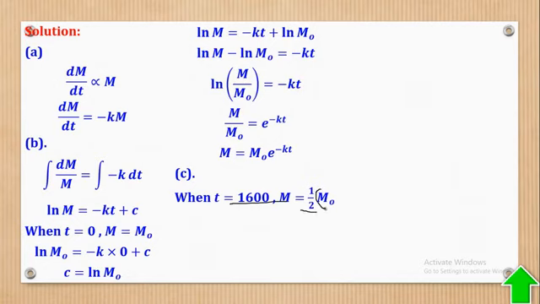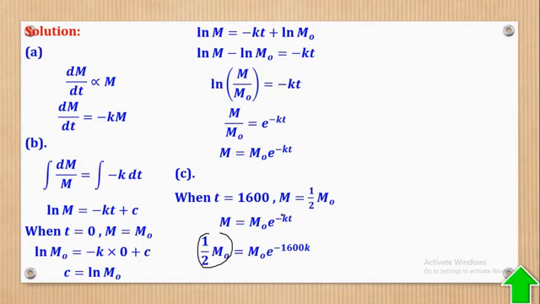Remember, this was the one which was initially present, so when it reduces to a half, the mass present becomes a half m naught. So I come and substitute here in this equation for m, and also substitute for t. Now realize that this m naught can cancel to remain with 0.5 equal to exponent of negative 1600k.